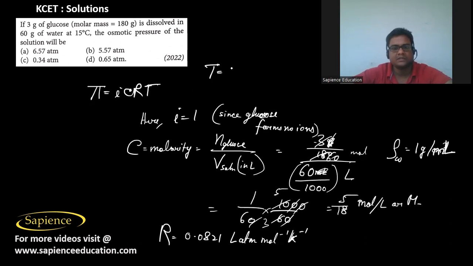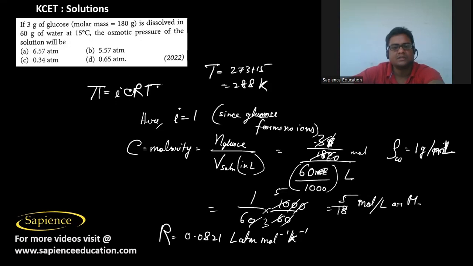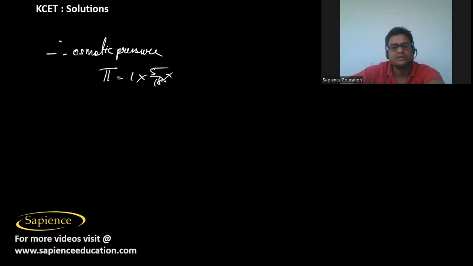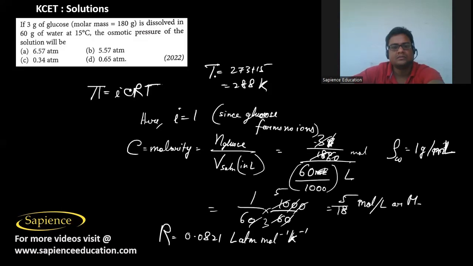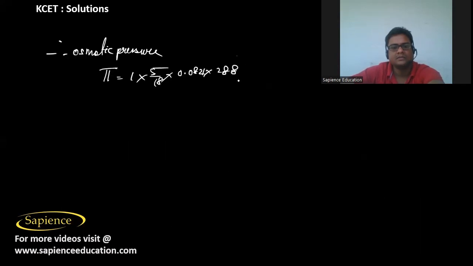So that is 15 degrees Celsius, so 273 plus 15, that is 288 Kelvin. So therefore, the osmotic pressure of the solution will be equal to π, that is i, that is 1, C is 5 by 18, into R is 0.0821, into T, that is 288. So this much atmosphere it will come.